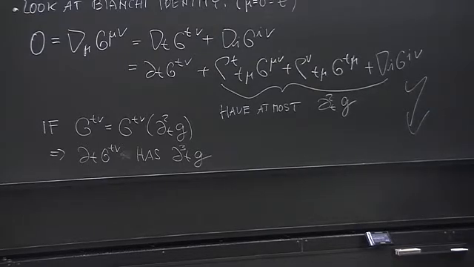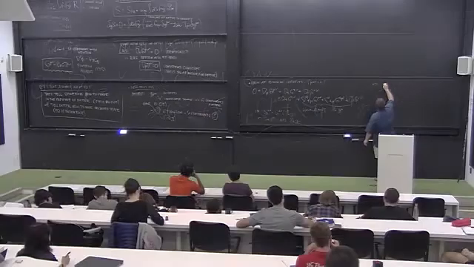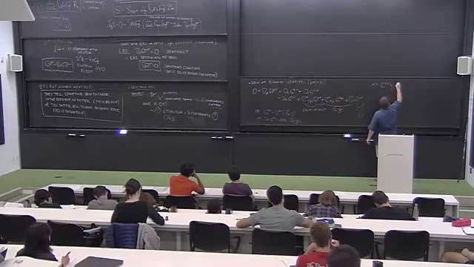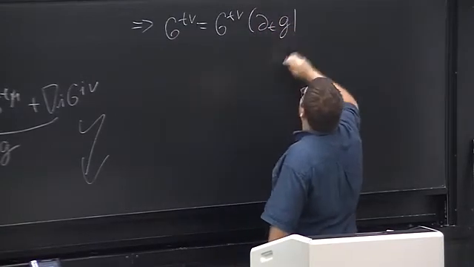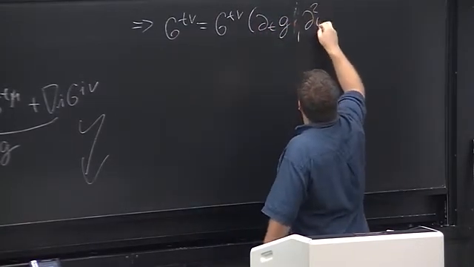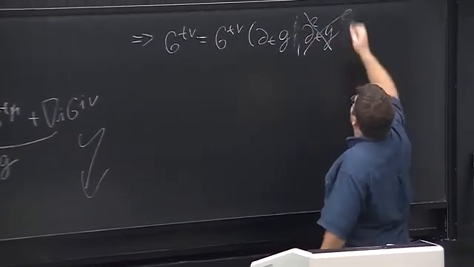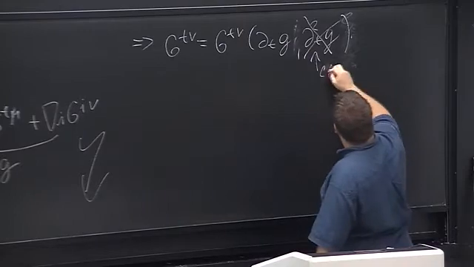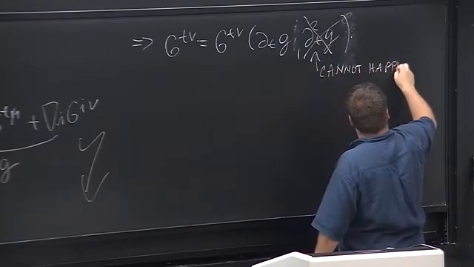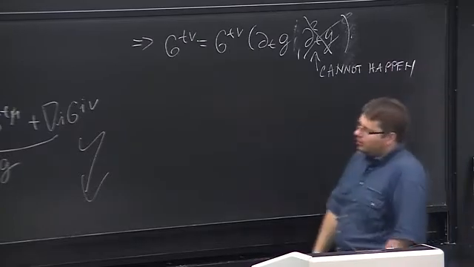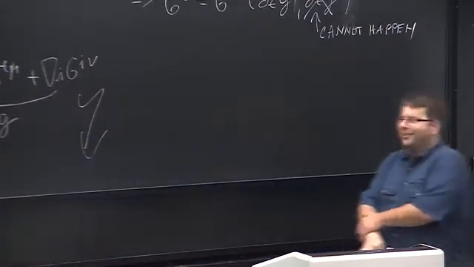And so what it tells you is that G t nu can contain at most first derivative of the metric, but not two. This cannot happen. Isn't this beautiful?